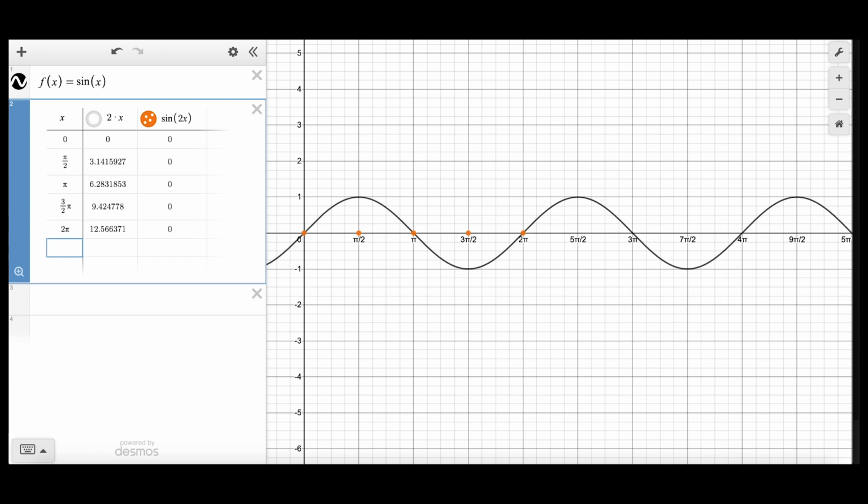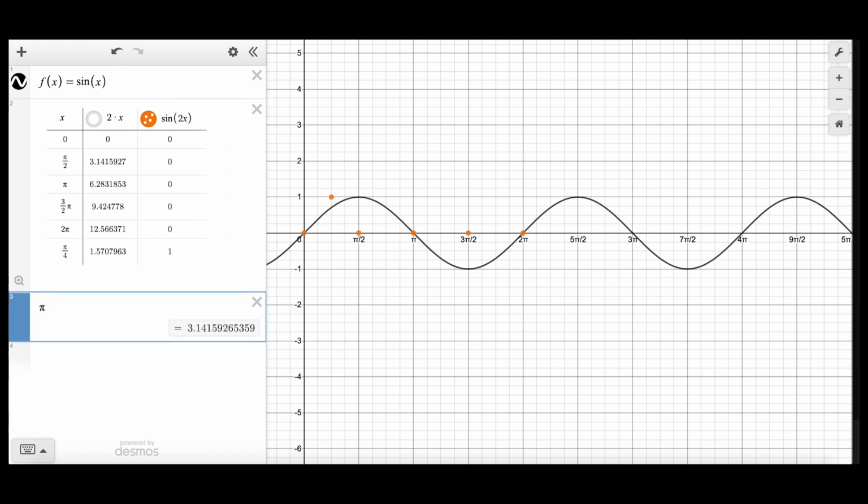Well, I could go across the top half of the circle. This is half of pi. What about a fourth of pi? So a fourth of pi produced a 1. Let's think about why that is. Well, a fourth of pi times 2 is really just double.